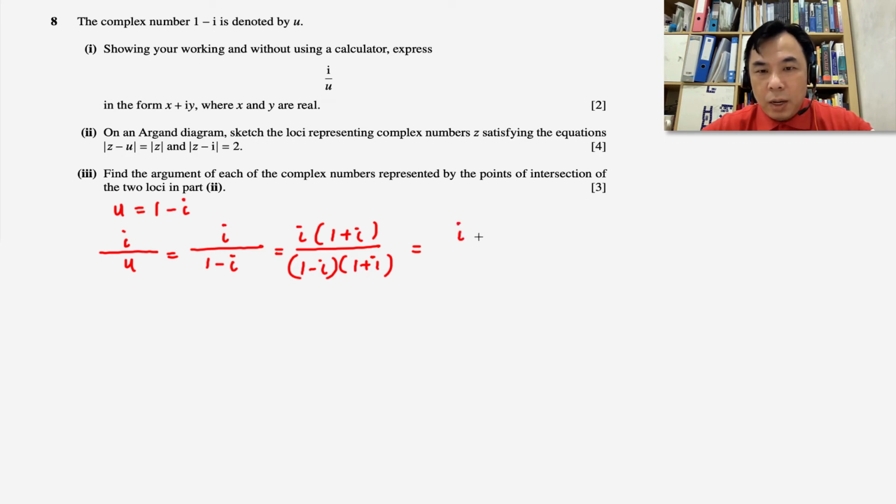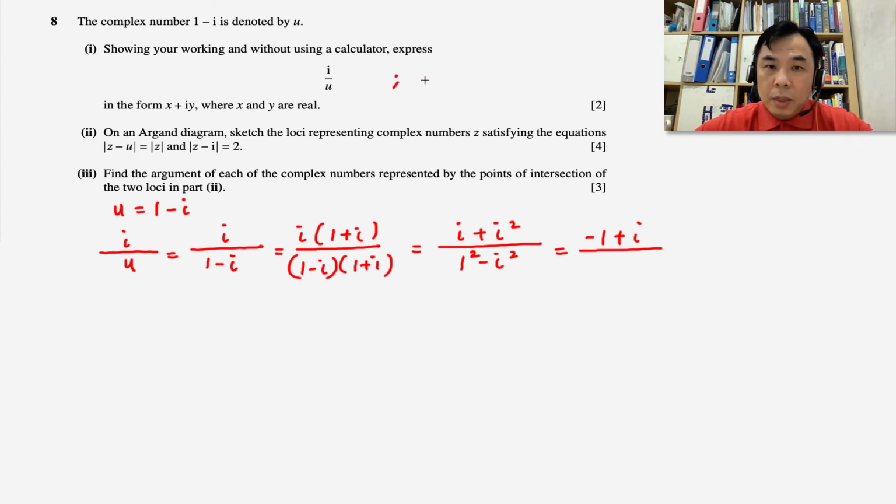We will have i plus i squared over this. You can use the a squared minus b squared formula. That will give us 1 squared minus i squared. And then eventually we have, this is negative 1, so I'm going to write down negative 1 plus i. And then this one here is negative 1. A reminder again, i squared is equal to negative 1.